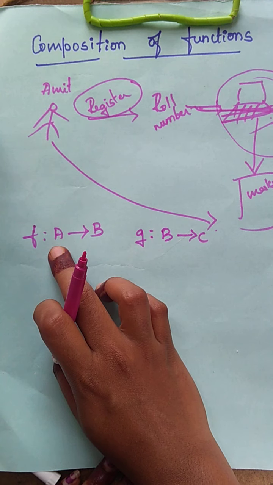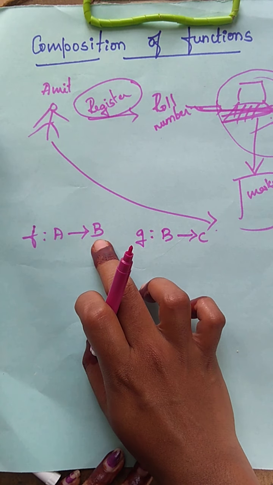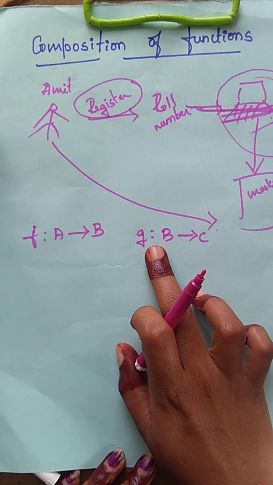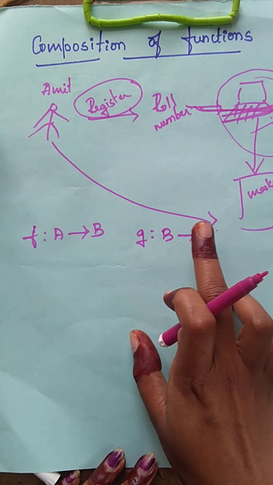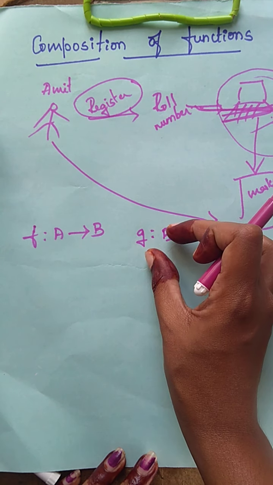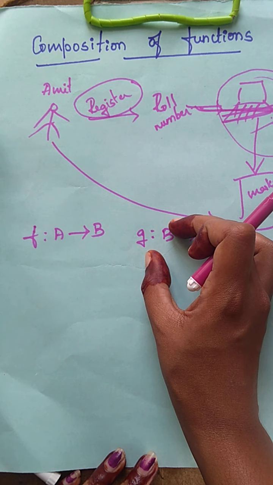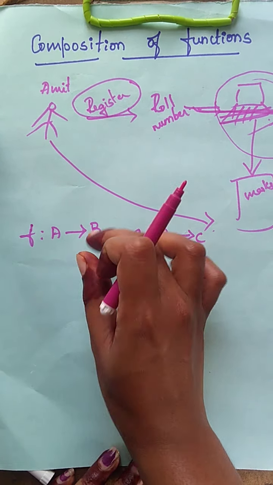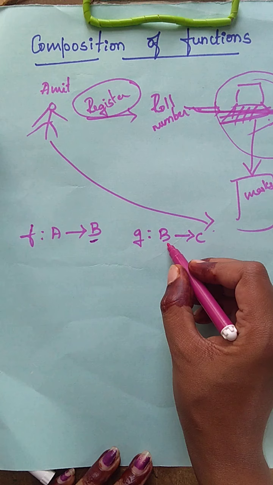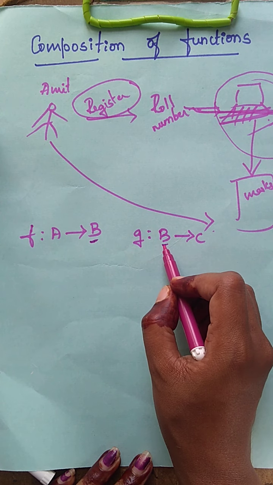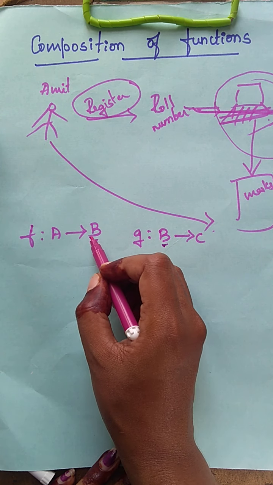What is the domain of function f? It is A. What is the codomain? B. What is the domain of g? It is B. What is the codomain? C. So you can see that the domain of g and the codomain of f are the same.